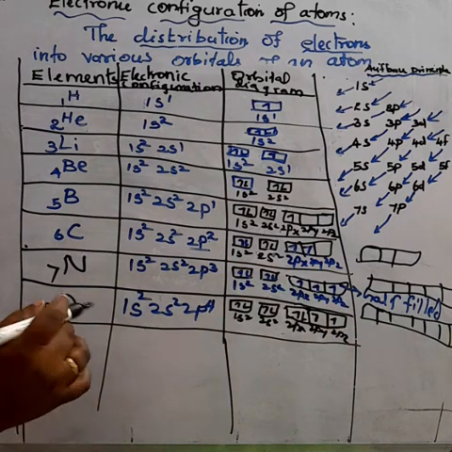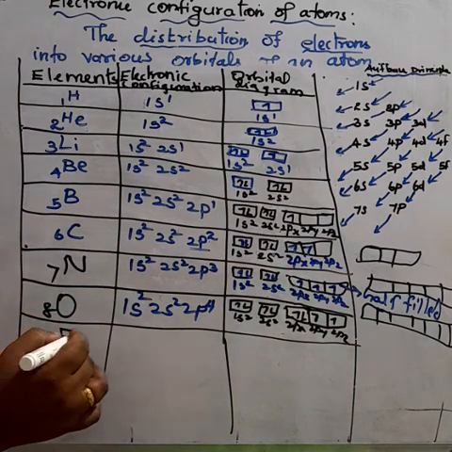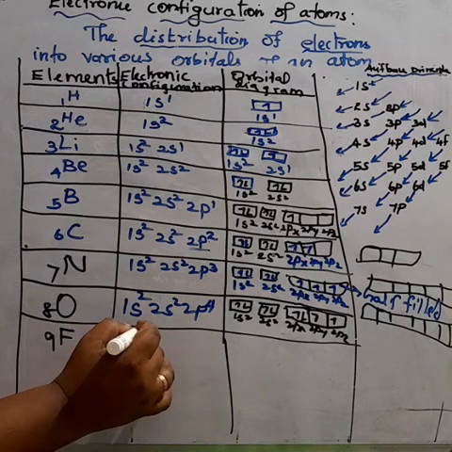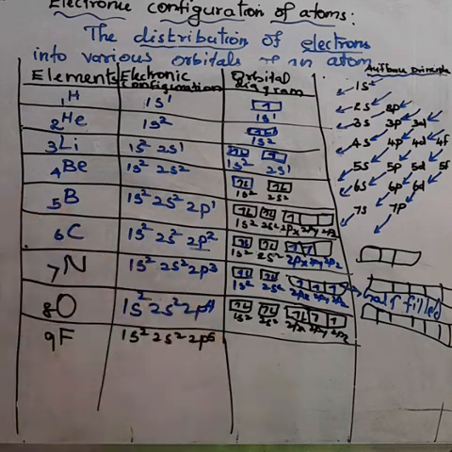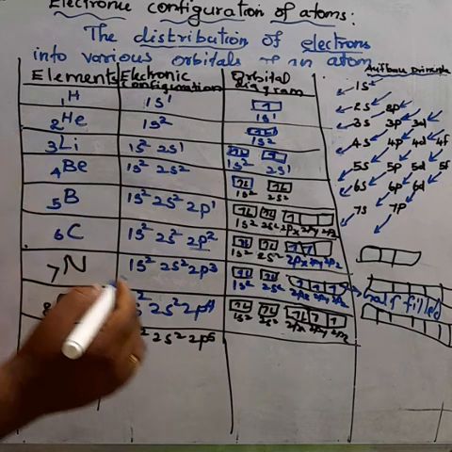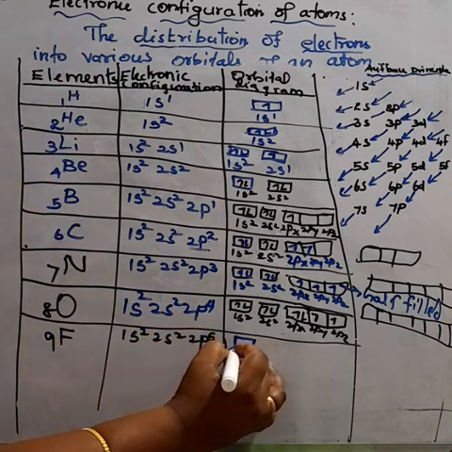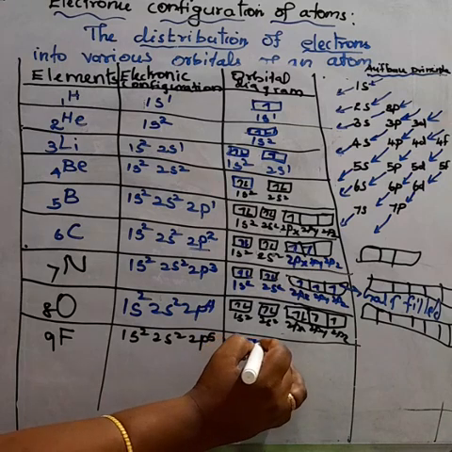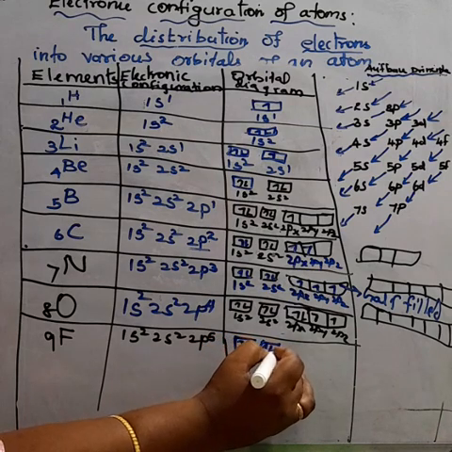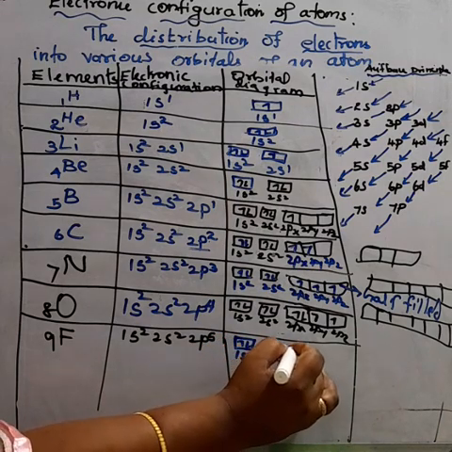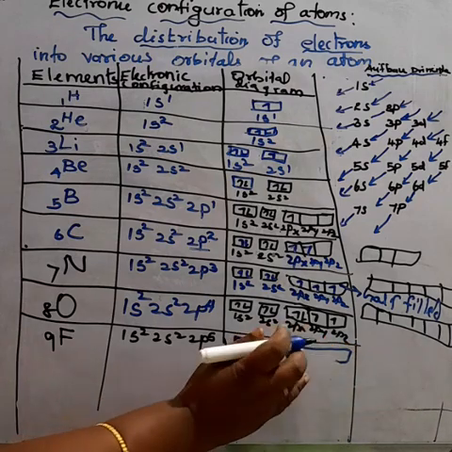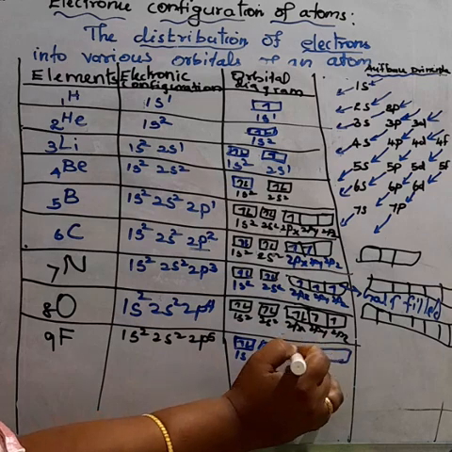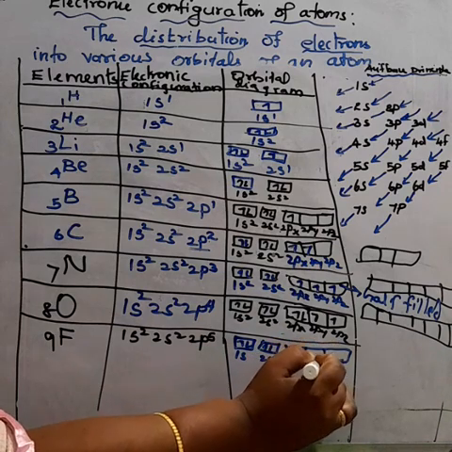And then fluorine, atomic number 9. What is the electronic configuration? 1s2, 2s2, 2p5. What is the orbital diagram? First the 1s orbital, 2 electrons. Next the 2s orbital, 2 electrons. And the 2p orbital, totally how many electrons? 5 electrons we can accommodate in the 2p orbital: 2px, 2py and 2pz.